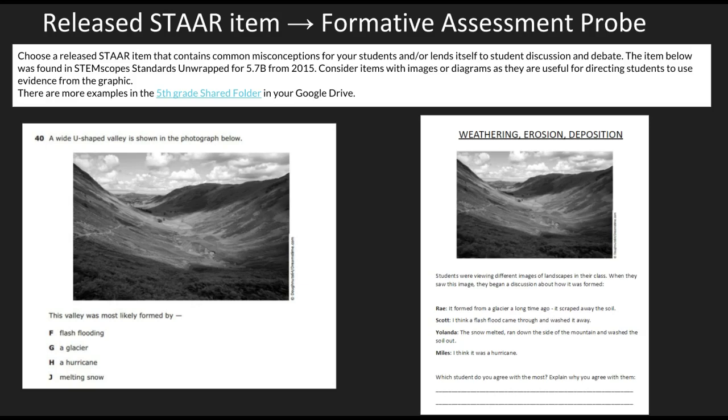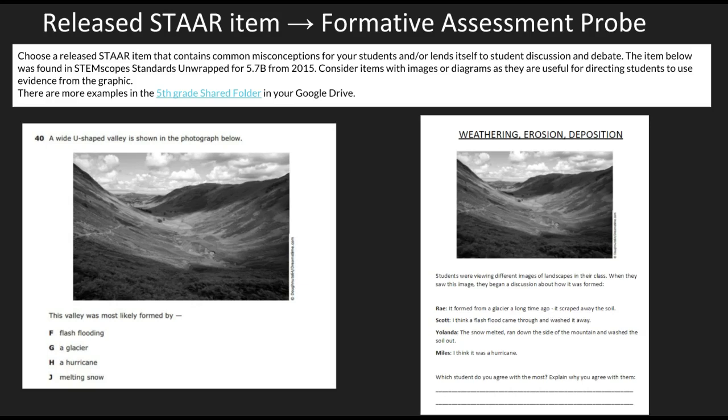When they saw this image, they began a discussion about how it was formed. And then I made up 4 names, and then I took each one of the answer choices and I just put it into a comment that maybe one of those students would make. I tried to stick with the overall meaning of what the answer choice was and tried to keep the responses somewhat equal within their weight.